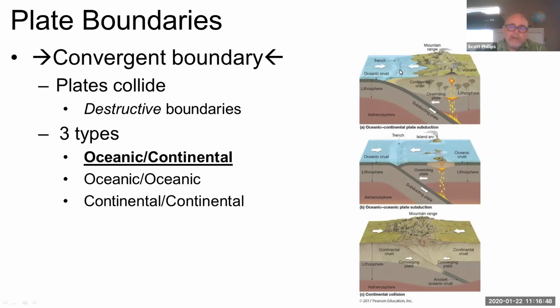This is the one that we look at most, that really creates a lot of the mountainous and volcanic landscapes that we see on the Earth. Now there are other examples like oceanic to oceanic, where one piece of the ocean subducts beneath the other. Subduction means one gets shoved underneath. And then lastly, there are continental to continental collisions, which are places where two pieces of continental crust are colliding with each other.